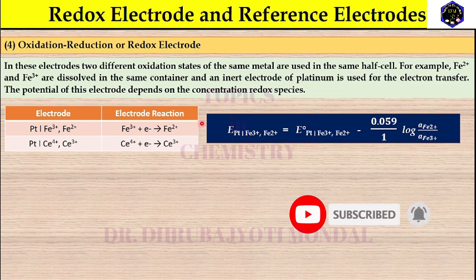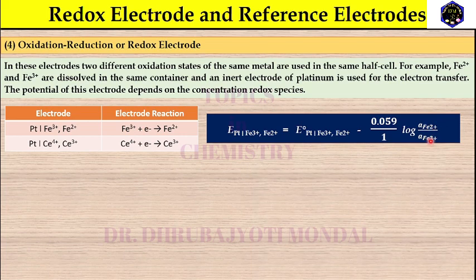Product is Fe2 plus, so Fe2 plus concentration divided by Fe3 plus concentration. That means I can conclude that the potential of the electrode depends upon the concentration of the redox species. So these are the 4 types of electrodes.